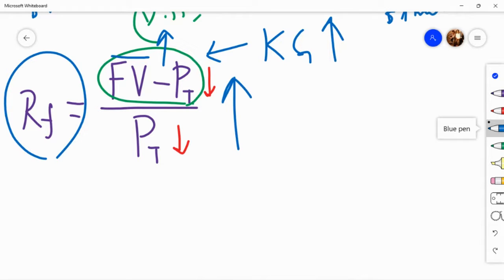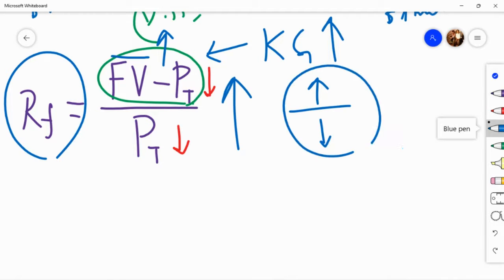It will go up. The whole fraction will go up, right? Makes sense. It's just mathematical law, by any logic. When the numerator goes up and the denominator goes down, the whole fraction has to go up.